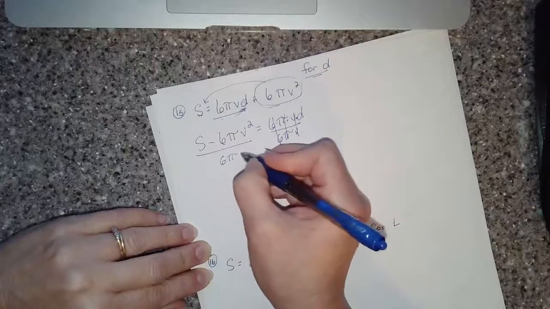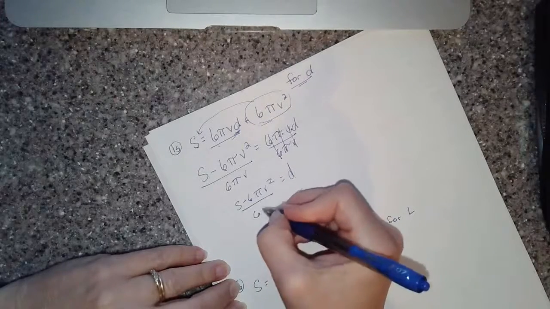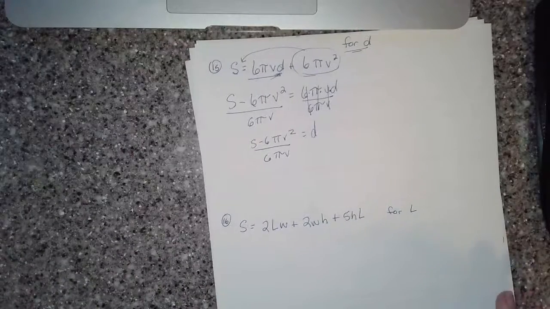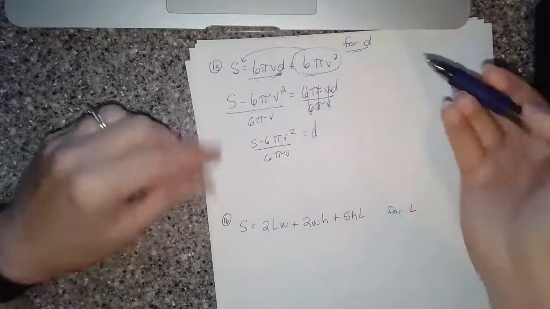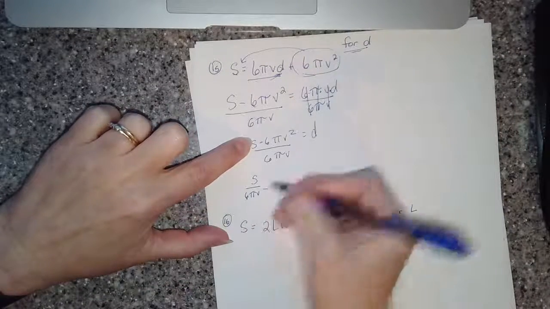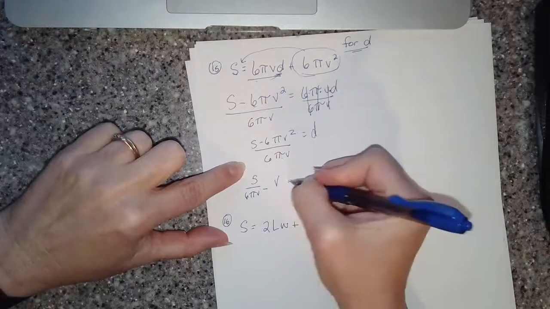You might question, can't we make that look any better? And you could say another option would be this s over 6 pi v, and then it's this over this, which a lot of that would cancel, and you just have a v. That is also equally correct if you wondered, but this is just as good, and you can just stop there.